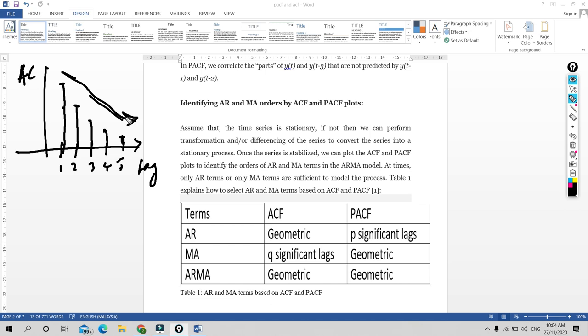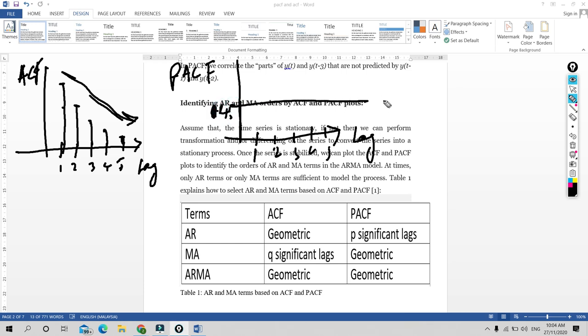So if your ACF is geometric and PACF has P significant lags, this is known as an AR model. With only one significant spike, it is an AR1 model. If you have two significant spikes, it becomes an AR2 model, depending on the spikes.